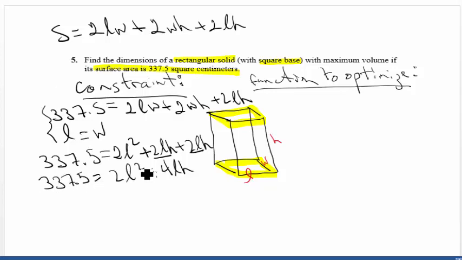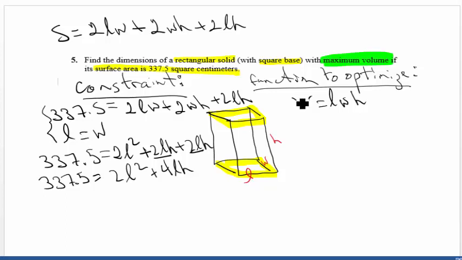So that's our one constraint now. All right. And now the function that we're going to optimize, of course, we're trying to find the maximum volume, right? And of course, the formula for the volume of a box is really LWH.